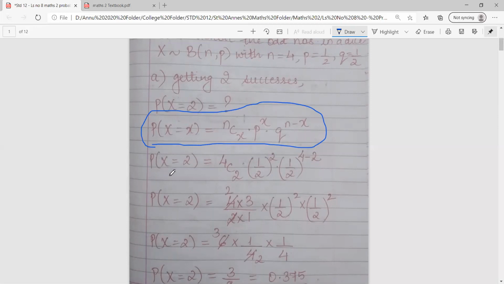Similarly class, we'll substitute all the values of x, n, p, q. So the value of x is 2 over here, n was 4, 4C2. The probability of success was half raised to 2 into half raised to 4 minus 2.